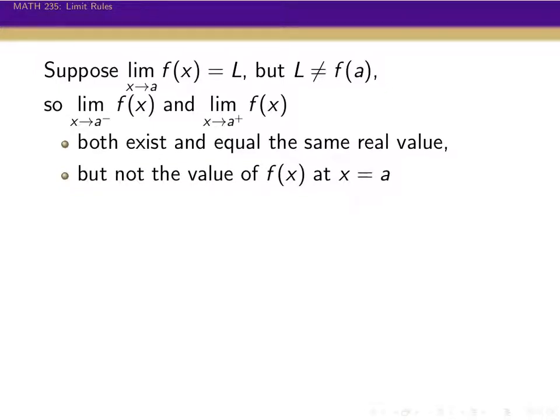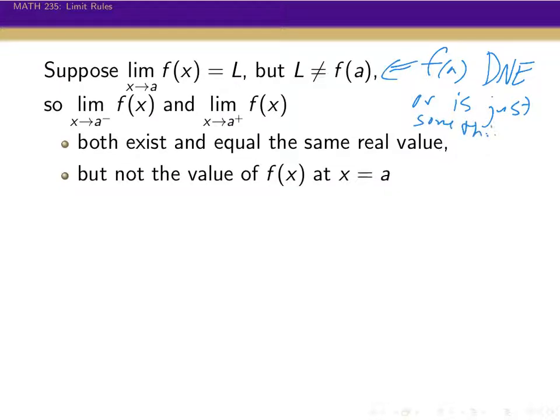So this could be that either f of a doesn't exist, or it's just something different. Since the limit exists as we go to a, the two one-sided limits both exist and they go to the same value. It's just different from what the actual function is at x equals a.